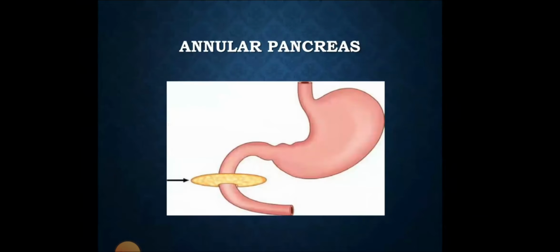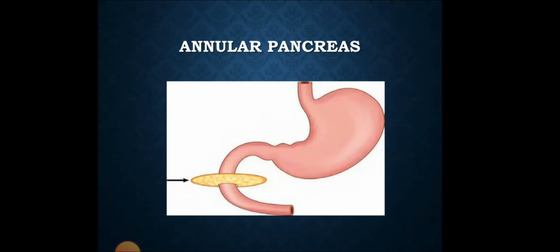In annular pancreas, as you see in the picture, the dorsal and ventral parts of the congenital pancreatic tissue encircle the second part of the duodenum.